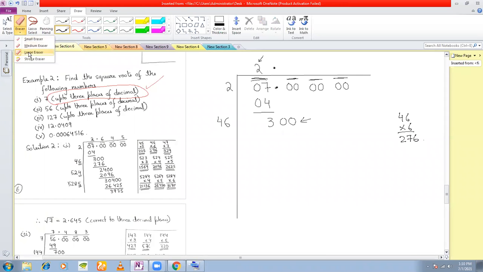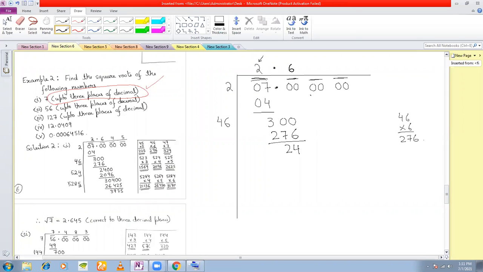So we are going to write 276 here. Since we have introduced a 6, we'll write a 6 between these two zeros, and we'll write 276 here. Subtract. How much do you get after subtraction? You will get 24.